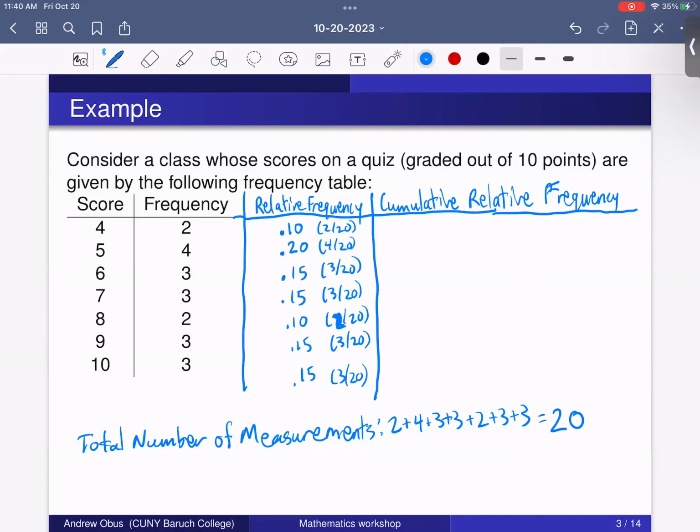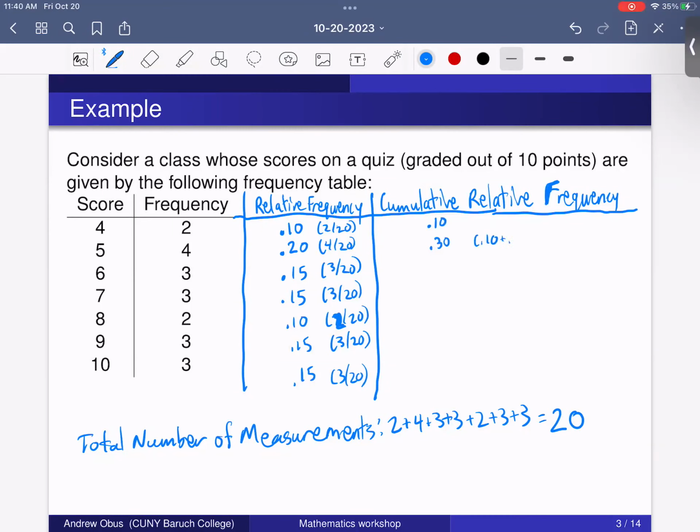So for the cumulative relative frequency, does anybody want to fill in the last column for me? So you can just tell me what numbers we should be putting in the last column for the cumulative relative frequency. We can begin with 0.10. Mm-hmm. So 0.10 will be the first number. The next number will be 0.10 plus 0.20. Right. Good. So 0.30, right?